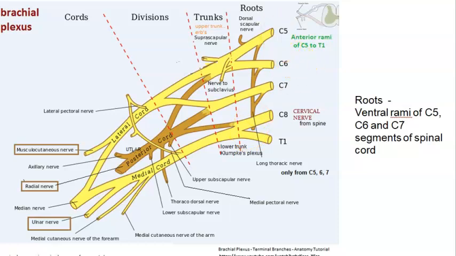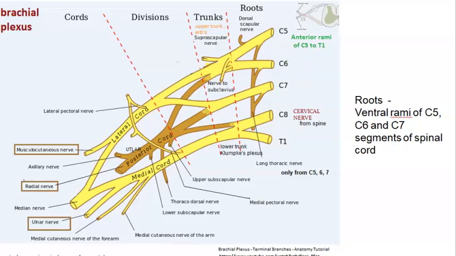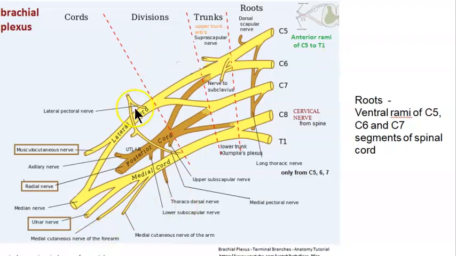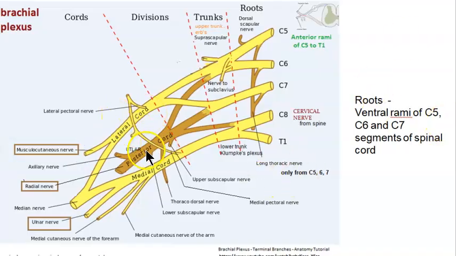So the origin is from the C5, C6, C7 cervical spinal nerves, which form the lateral cord. One of the branches of the lateral cord is the musculocutaneous nerve. The roots are from the ventral rami, that is the anterior part, of the C5, C6, C7 segments of the spinal cord. They have shown the posterior in brown here, so it is not posterior, remember, it's anterior.